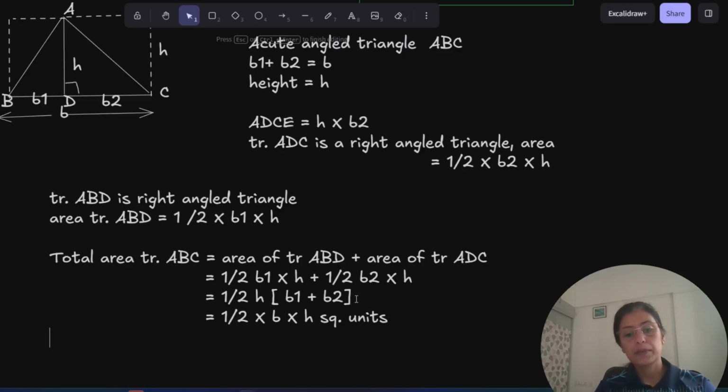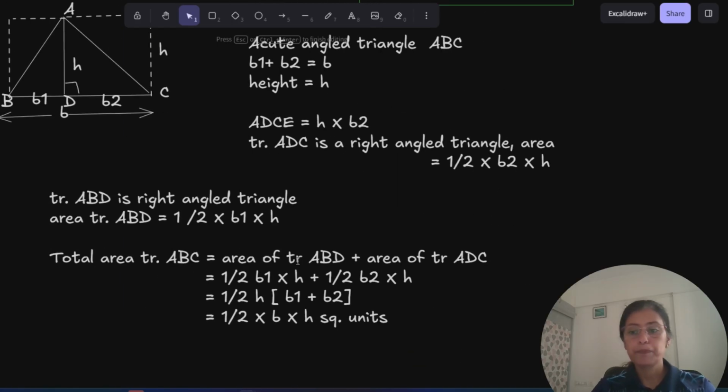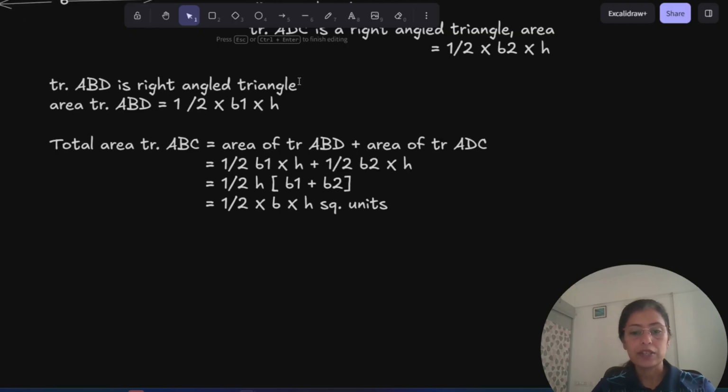Square units. So we have proved here that for acute angle triangle also the area is the same, half of base into height. Similarly, we can prove for obtuse angle triangle.